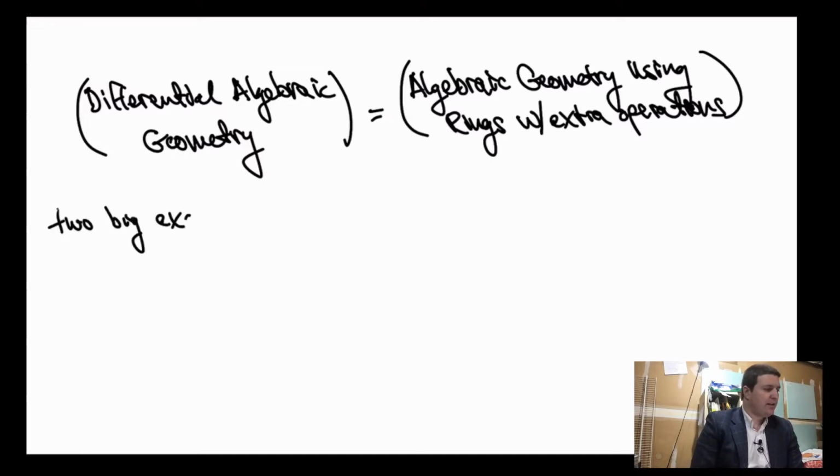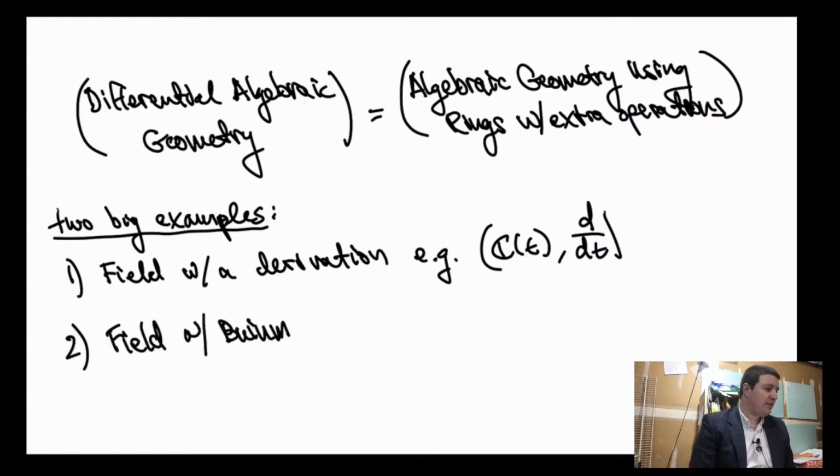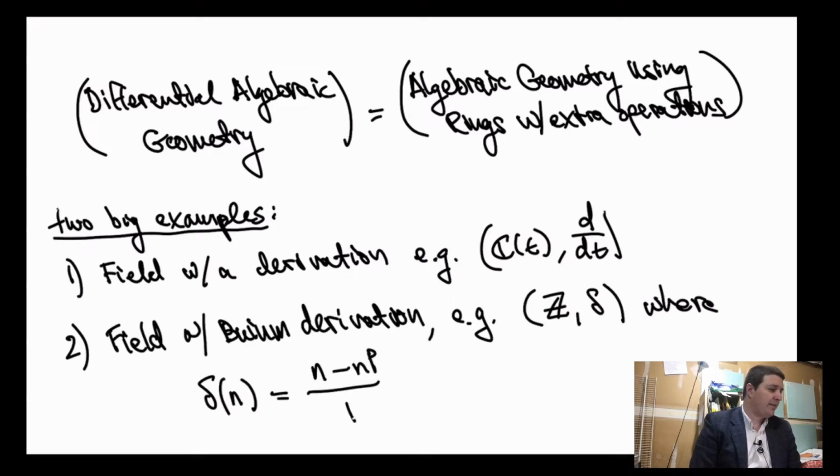The two big examples that I want to talk about are a field with a derivation, so you could take univariate rational functions and the derivative d/dT that everybody knows, and then a ring with a Boolean derivation. The classic example of one of these operations that acts like the derivative on the integers is the Fermat quotient operator.